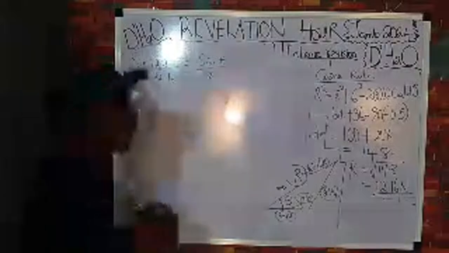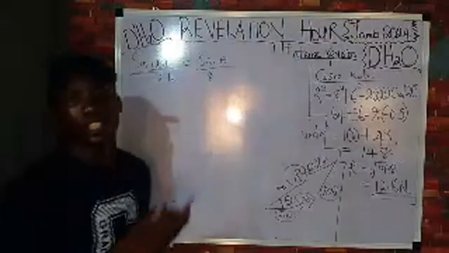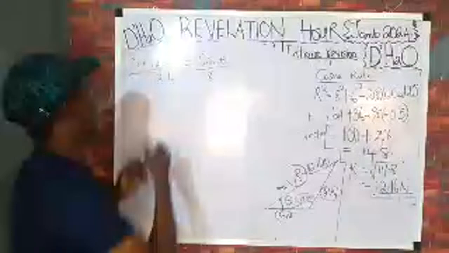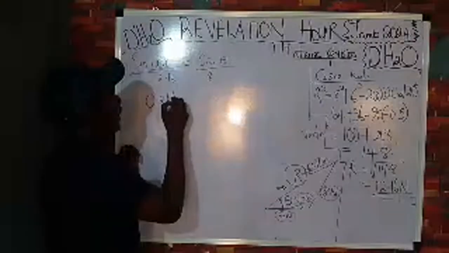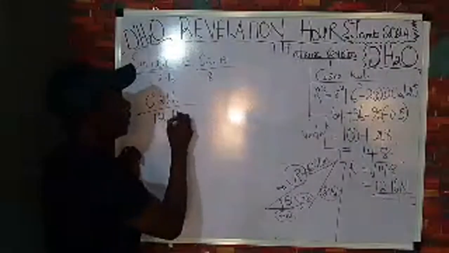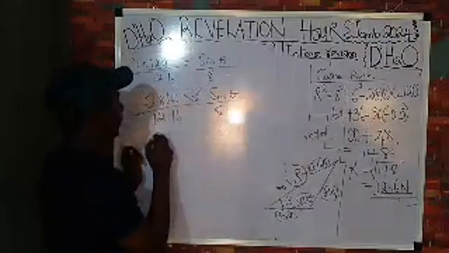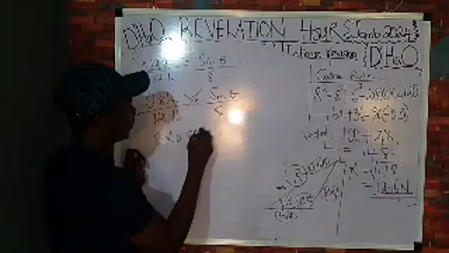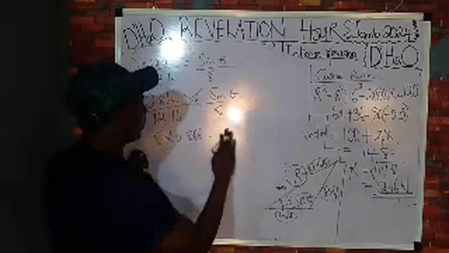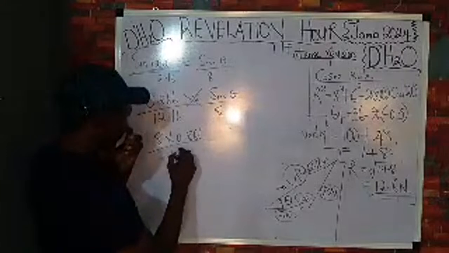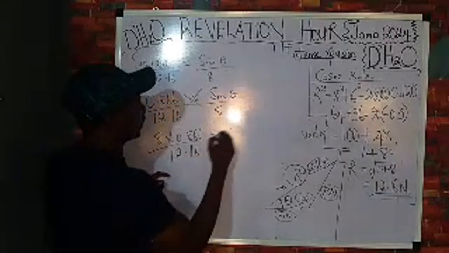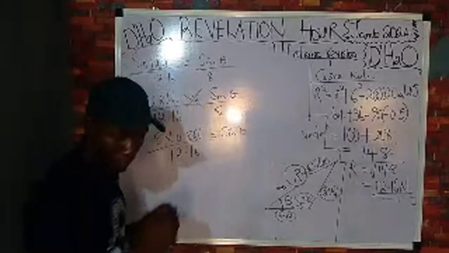Sine 120 is synonymous to sine 60, and that will give us 0.866. Like I told you, you will not see it in your JAMB exam. You have this over 8. There's no need of cross multiplying; let's divide both sides by 12.16 to get sine theta.